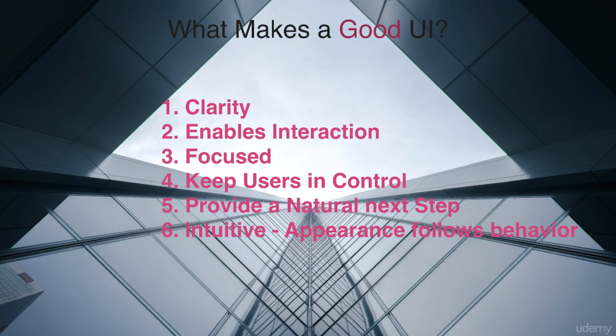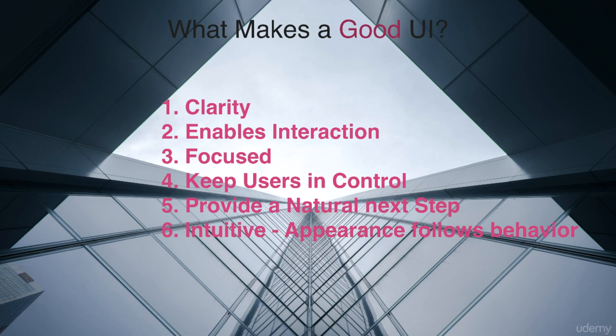Number 5, we need to make sure that it provides a natural second step. So users need to intuitively know what comes next as they interact with a good user interface. Don't leave users hanging after they have done what you want them to do. For instance, if there's a button that when they press or click, they need to be taken to a different screen, that is the expected reaction, that is the expected interaction.